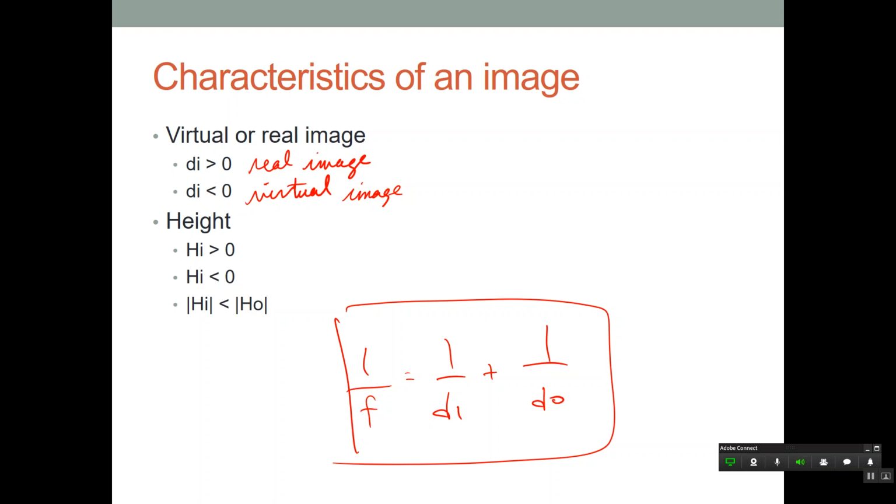So positive is right side up, and negative would be inverted. Sorry? Not necessarily. If we have only one lens and one mirror, yes. But once we combine two lenses, let's say, not necessarily. Okay.